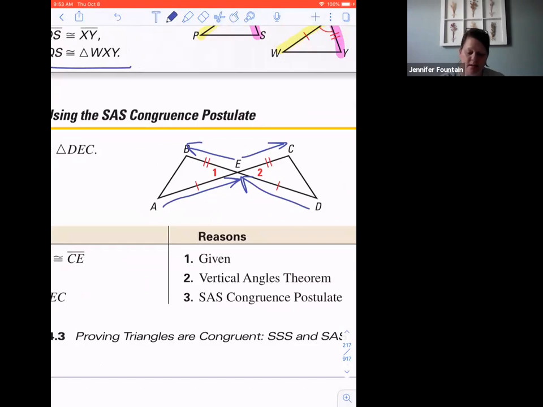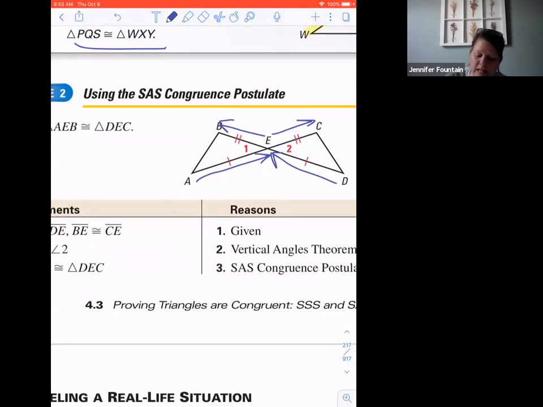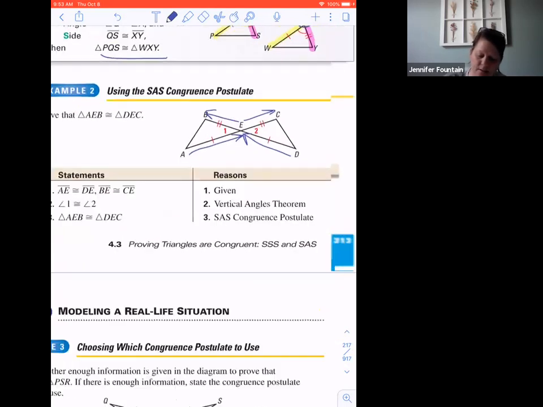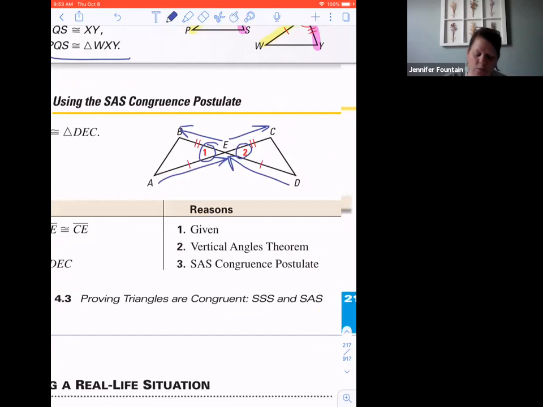I'm naming them, and I can see that BE is congruent to CE, AE is congruent to DE. And then my middle angles are the ones that are congruent to each other.